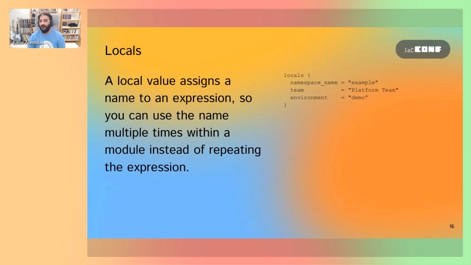All right. The other concept I want to talk about is, of course, locals. A local value assigns a name to an expression, so you can use the name multiple times within a module instead of repeating the expression itself. These are really helpful. As you can see, you can define that locals block in your OpenTofu configs.